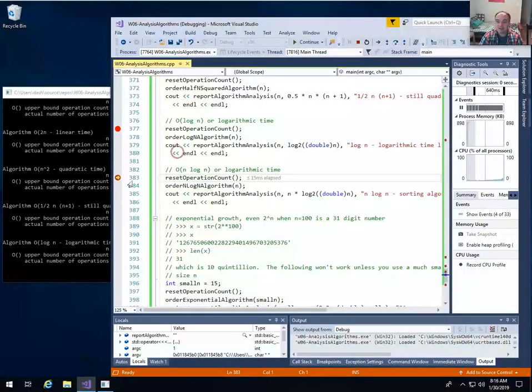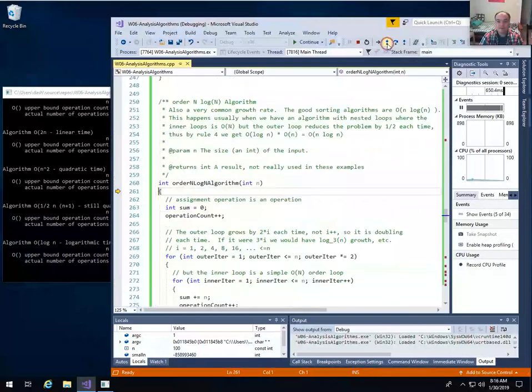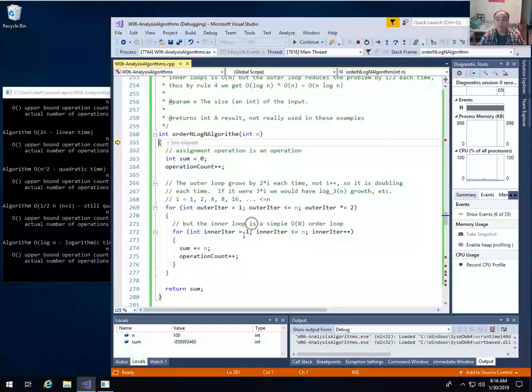So let's step in there. Let me make sure I step in there this time. So the common pattern for n log n is you have an outer loop that does the same thing we did for the logarithmic, but it has an inner loop that performs n times. Or vice versa.